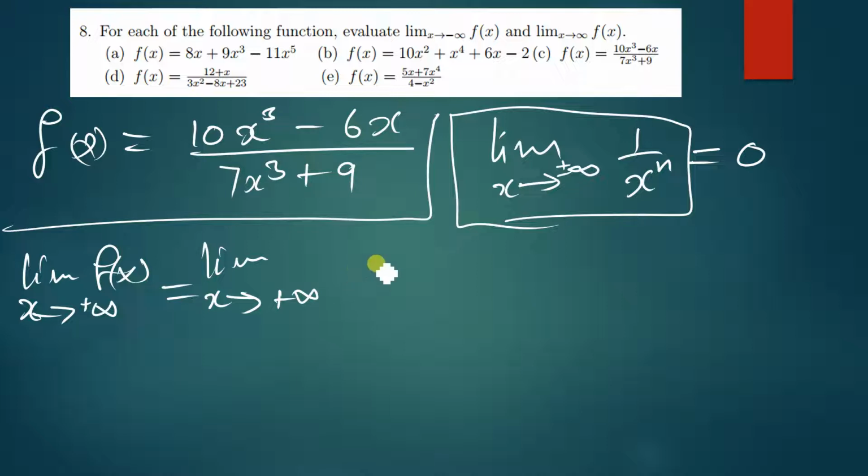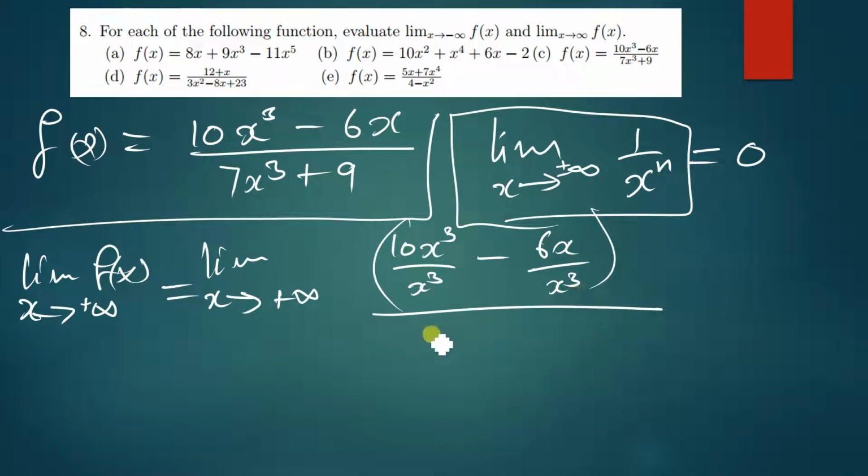So I'm going to divide 10x to the power 3 by x to the power 3, and 6x by x to the power 3, everything divided by 7x to the power 3 over x to the power 3 plus 9 over x to the power 3.